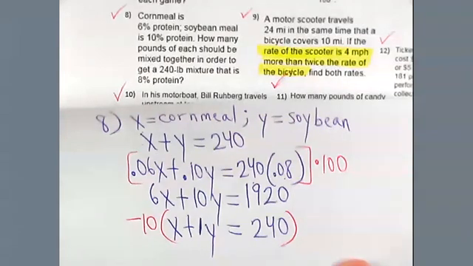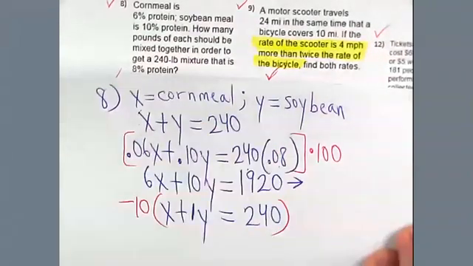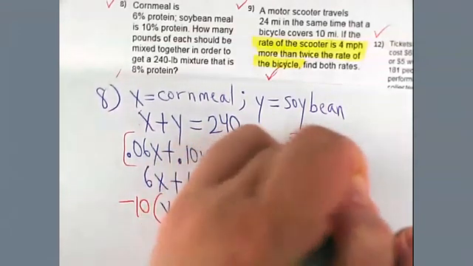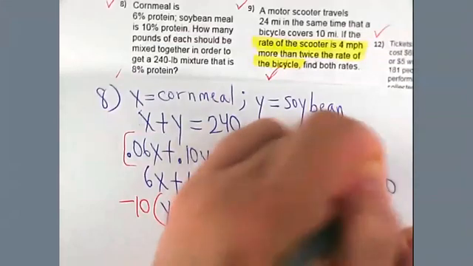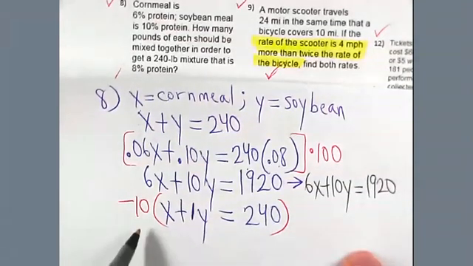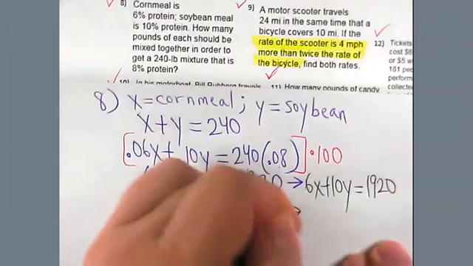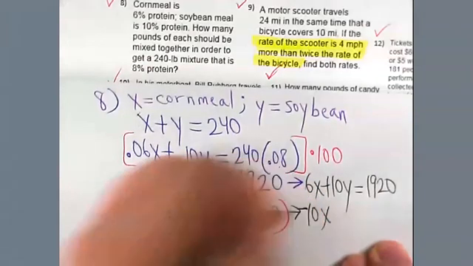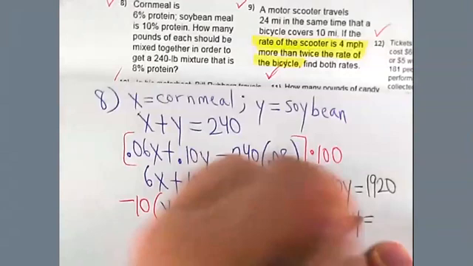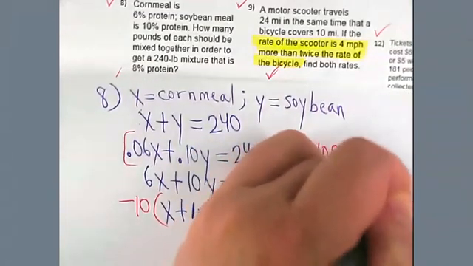So let's scoot over the first equation. When we multiply the second equation by negative 10, we get negative 10x minus 10y equal to negative 2,400.